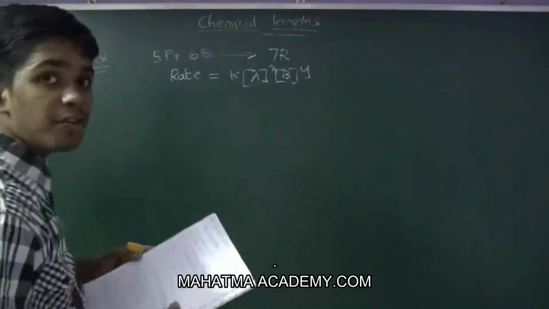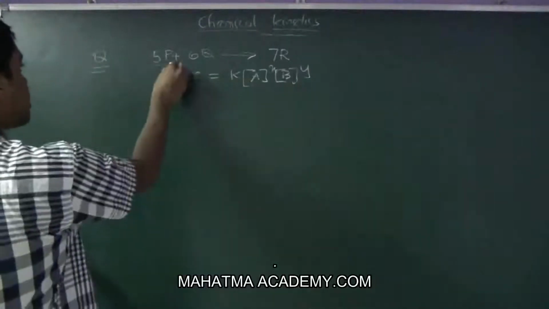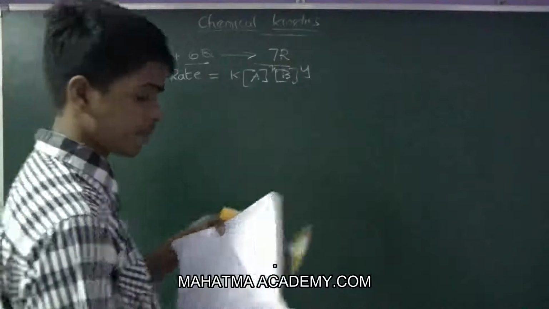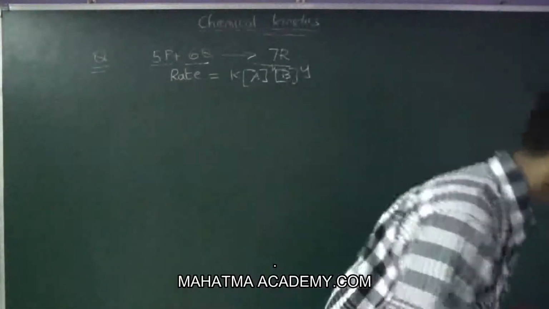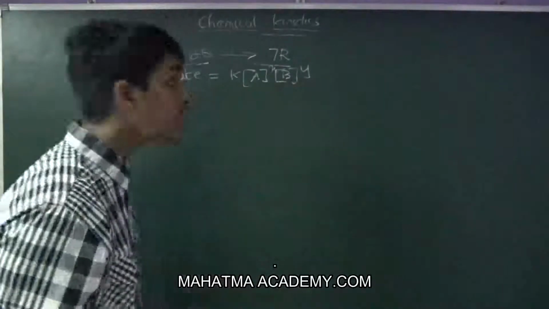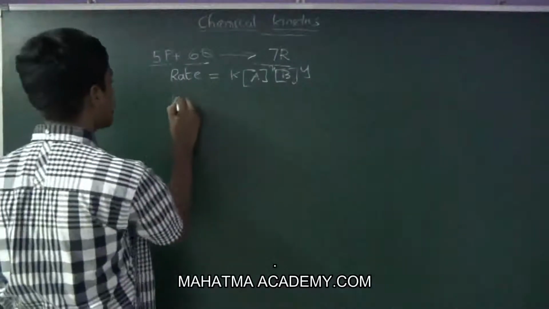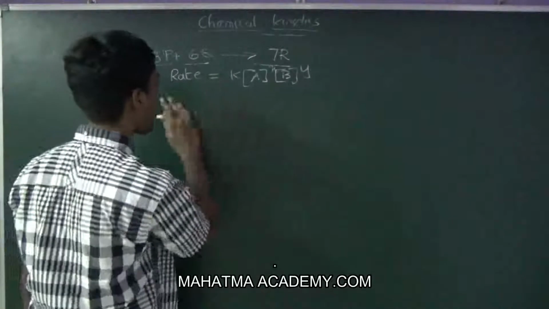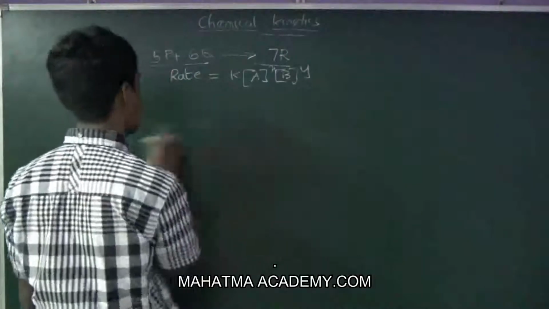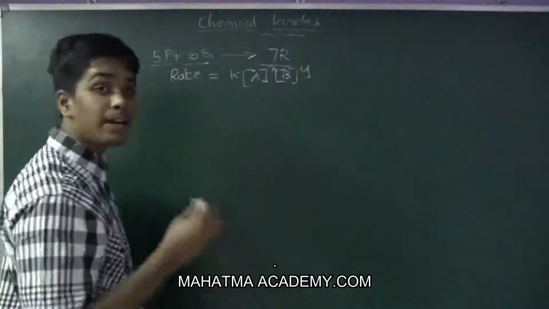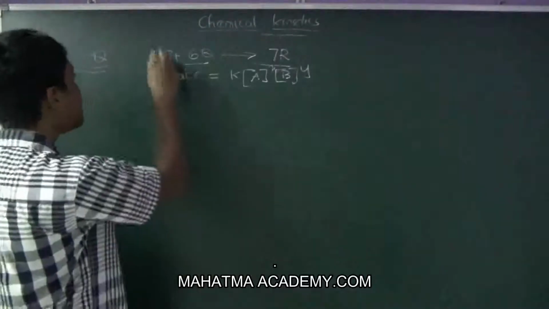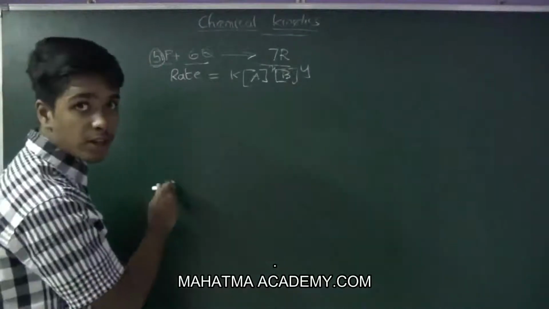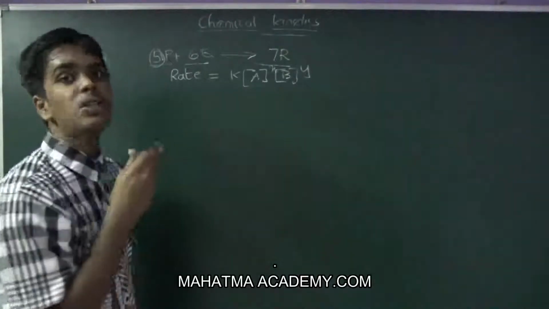Now we want to find the relationship for these 3 individual rate constants. Now as we have discussed earlier, the K of an individual term is equal to its stoichiometric coefficient into the K of the reaction.